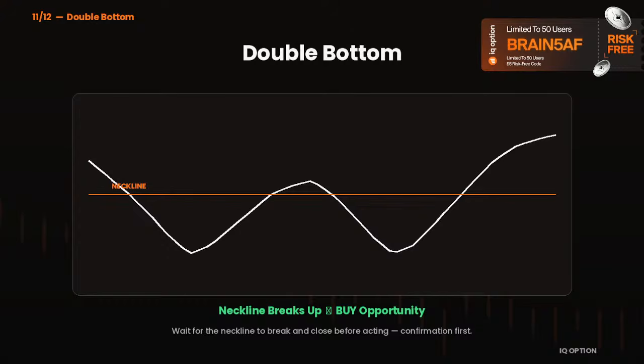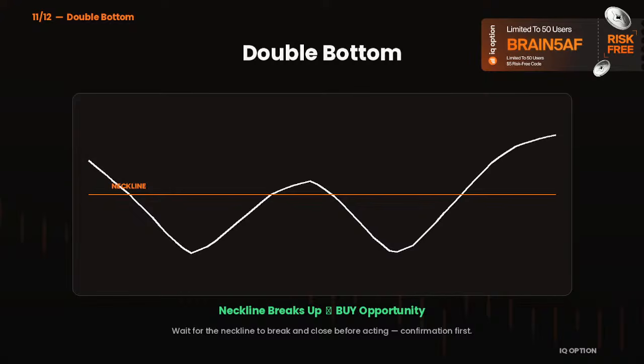So when price falls to a level, bounces, and falls again to roughly that same level, and it holds a second time instead of breaking through it, it looks like two valleys sitting side by side at almost the same depth, or it looks like the letter W. Just like the double top looked like the letter M, the double bottom looks similar to the letter W.